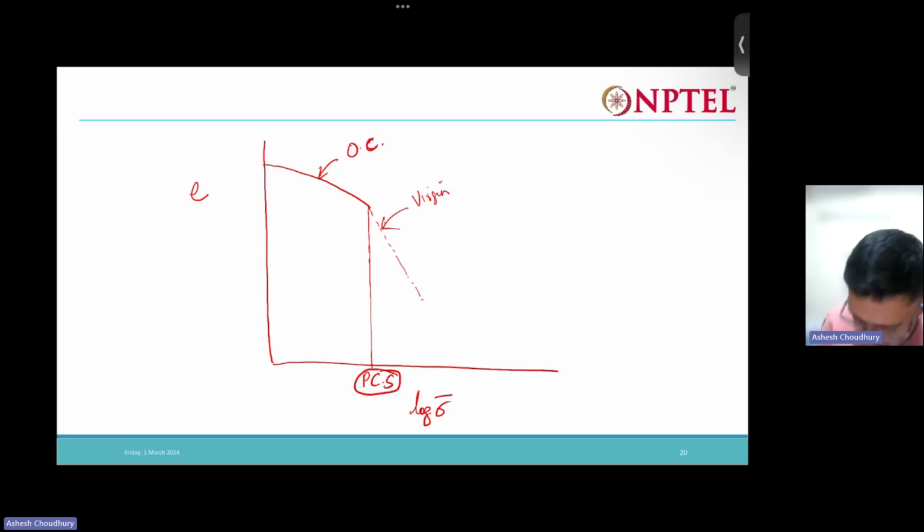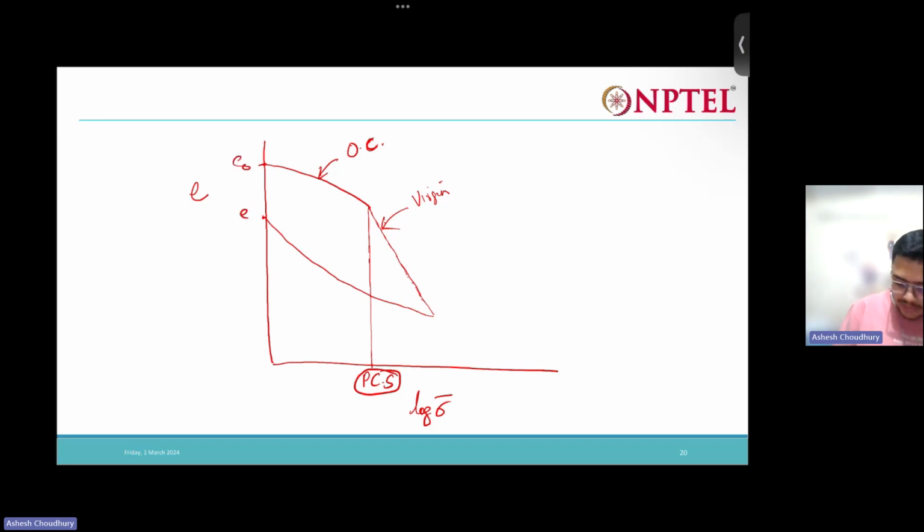We keep on increasing, and we get a plot something like this. After reaching this point, we unload it and keep on reducing the load. Even if we reduce the load to zero, we are not able to reach the initial void ratio.